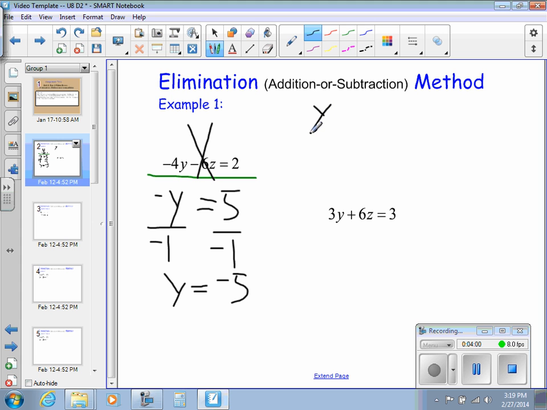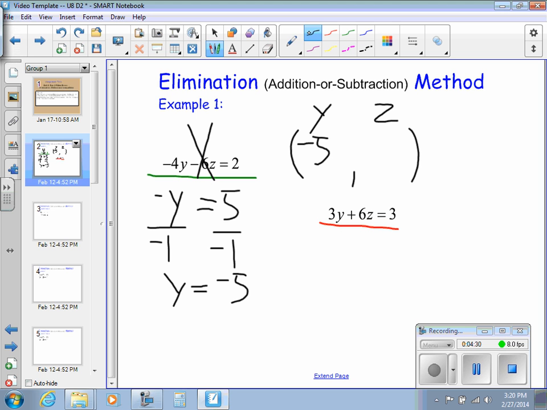You may notice that the variables are always in alphabetical order in the ordered pair. So I have y and z like this. It's y that I found, y is negative 5. It's very helpful, particularly when it's not x and y, to write out either above or below my ordered pair which one is which.